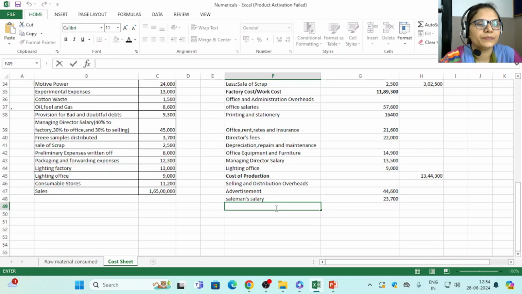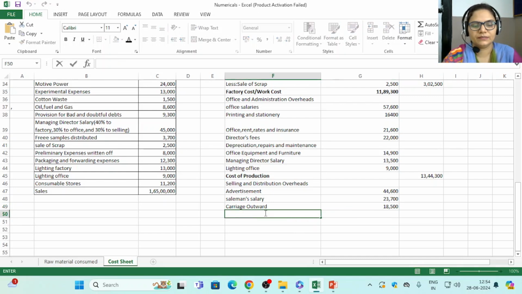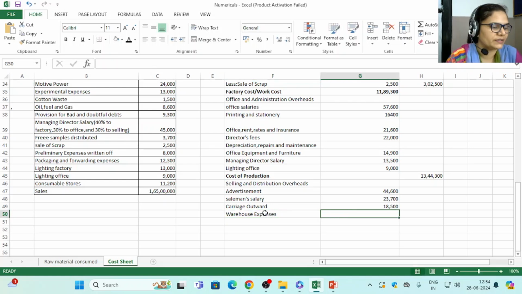Next is carriage outward, rupees 18,500. Next is warehouse expenses, given as 19,500.